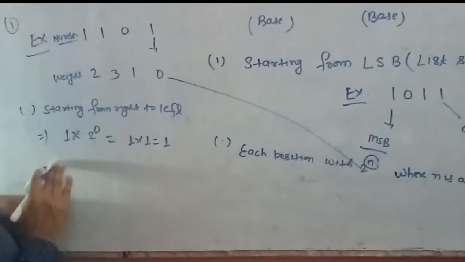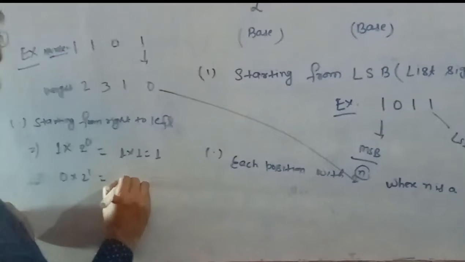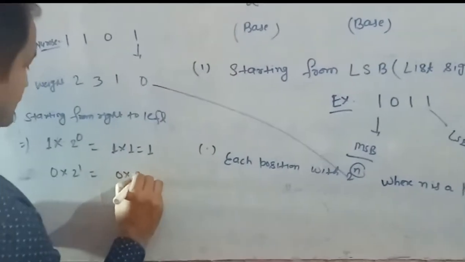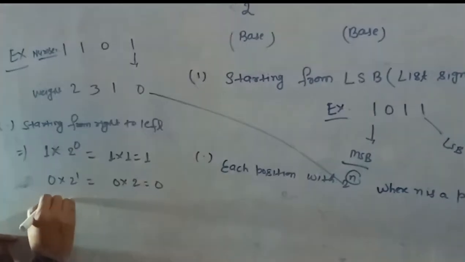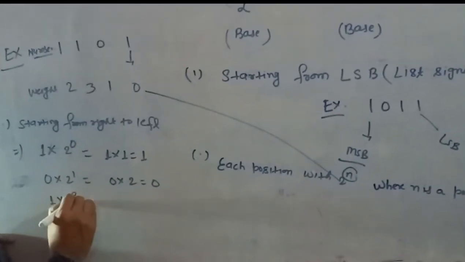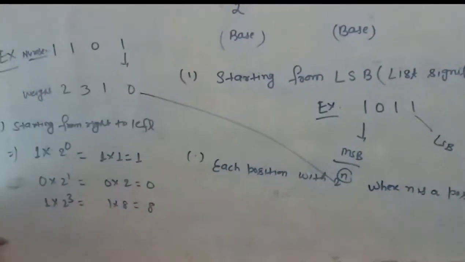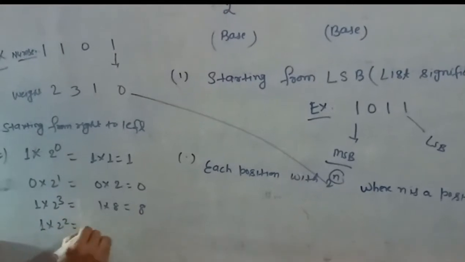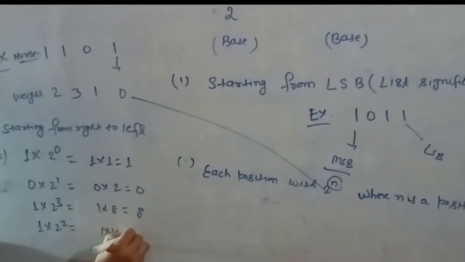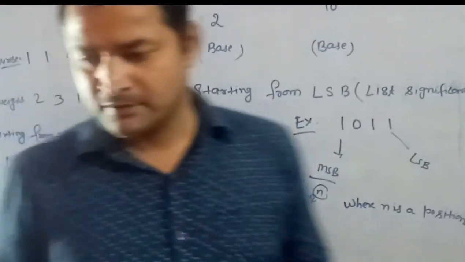Again 0 times 2 to the power 1, value 0. Again 1 times 2 to the power 2, 1 times 4, value 4. Again 1 times 2 to the power 3, 1 times 8, value 8.